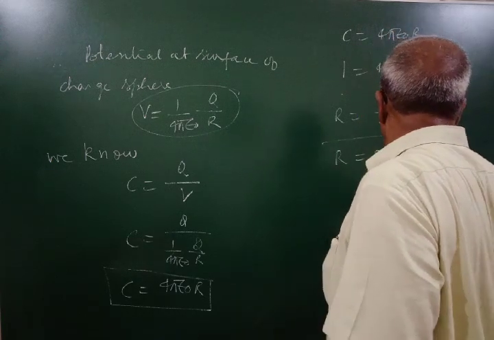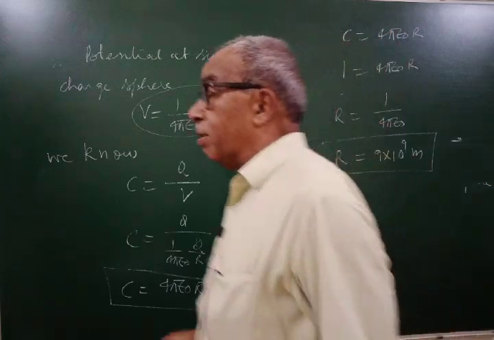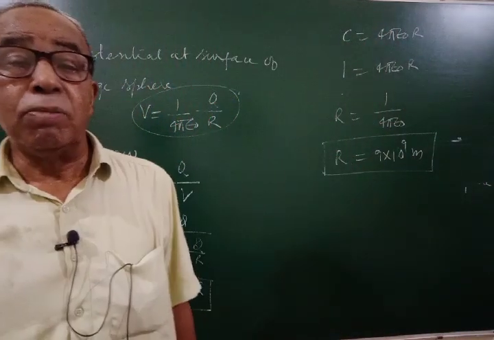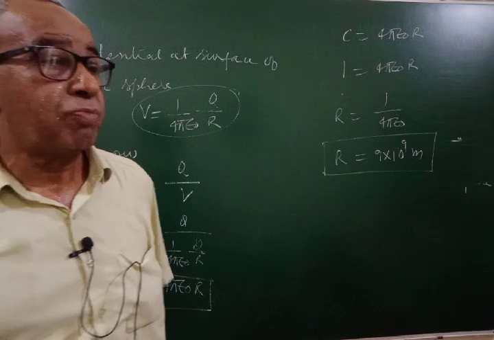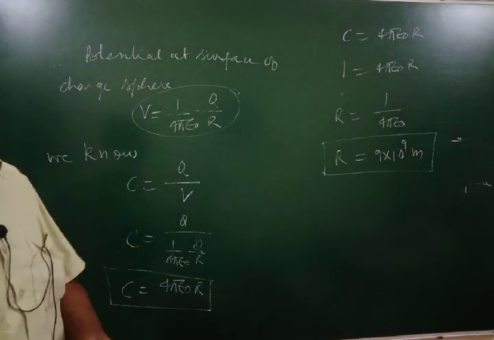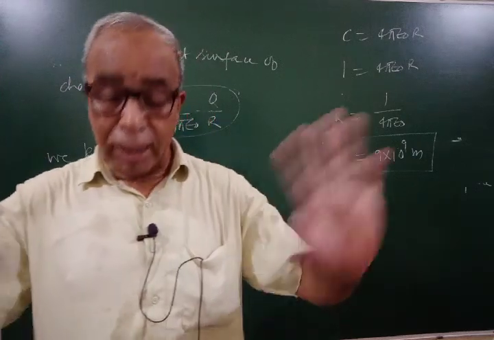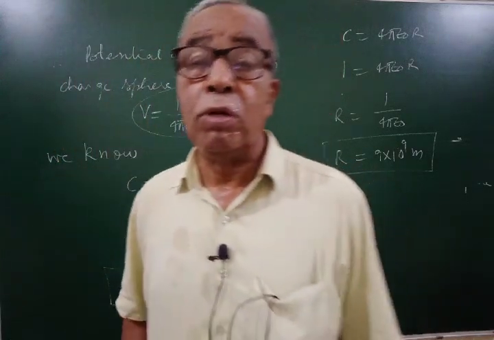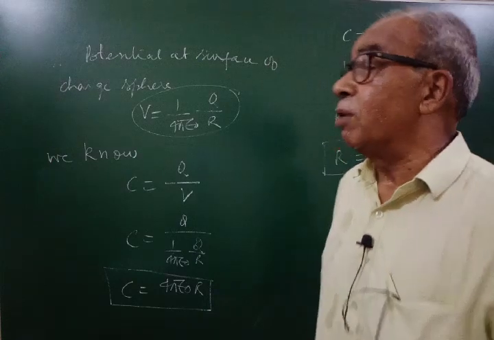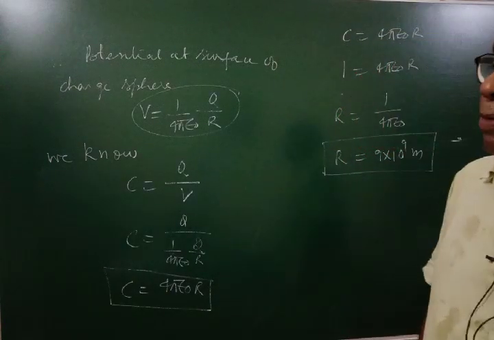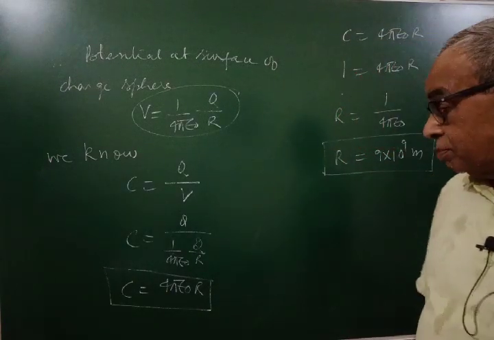A conductor whose radius is 9 times 10 to the power 9 meter is more than the size of the sun. Its radius is even larger than that. So we can't have a spherical conductor which has a capacitance of 1 farad. That way 1 farad is a very big unit.